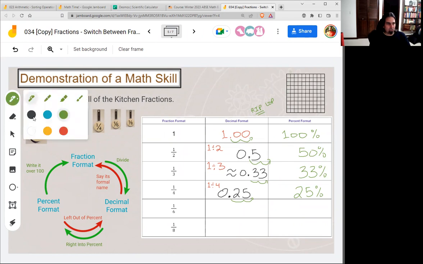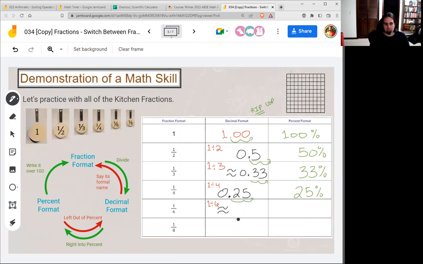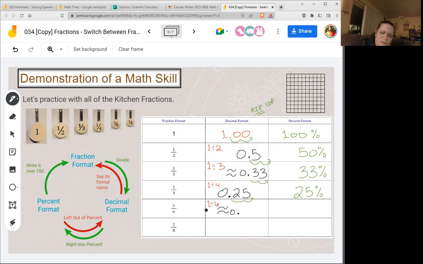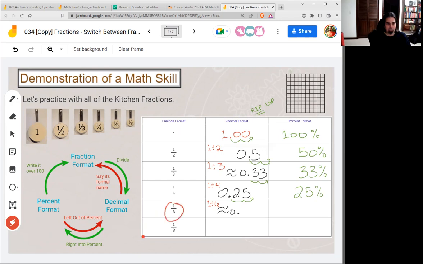Okay, 1/6. Tell me what 1 divided by 6 is. This one is also one that we're going to round. It's about something. One divided by 6? Yeah, 6 divided by 1, other way around.